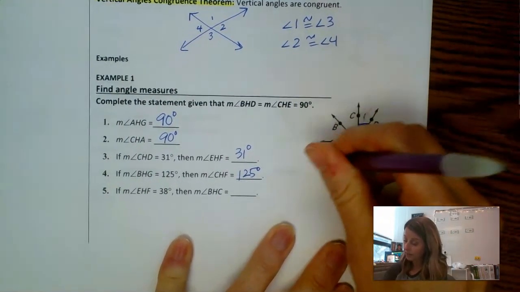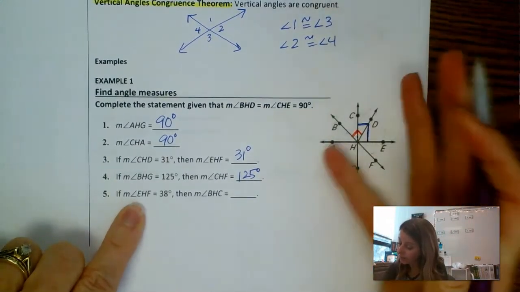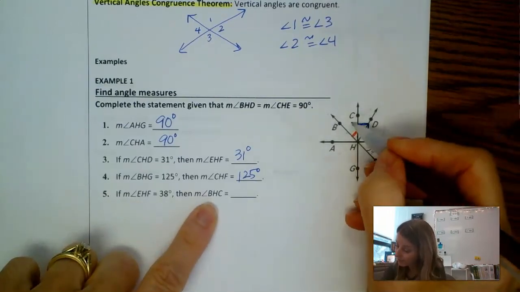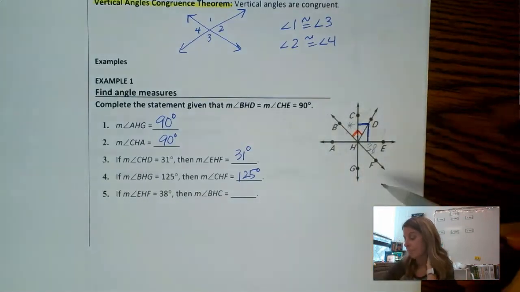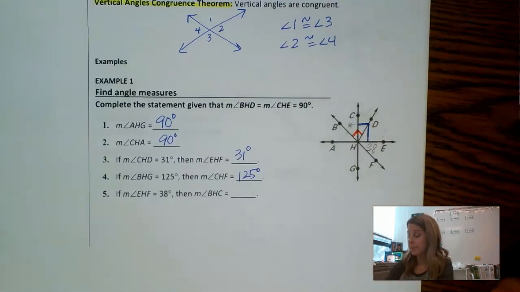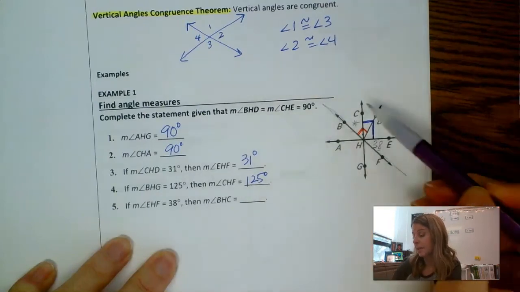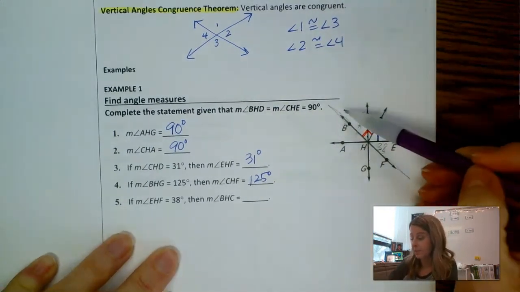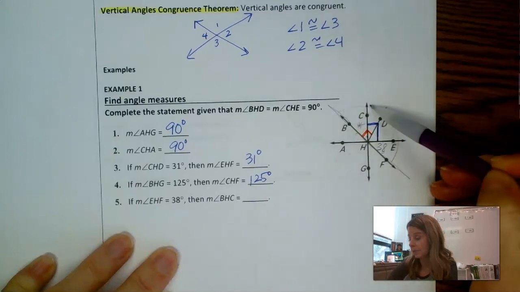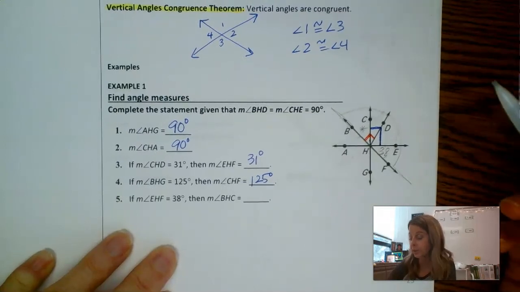All right, and then one more, EHF. This one down here is 38. BHC, right here. There are going to be a lot of ways to do this. I'm going to focus on this line. If I have a line, I know that it's a straight angle. So if I go along this big arc, all of these angles along this line have to add up to 180 because straight angles are 180 degrees.